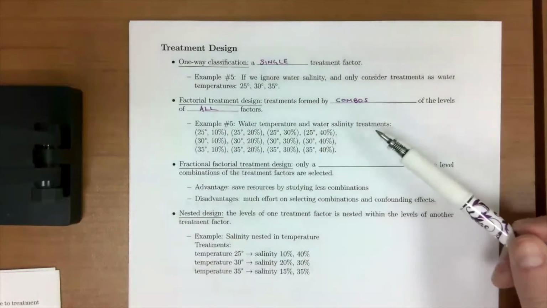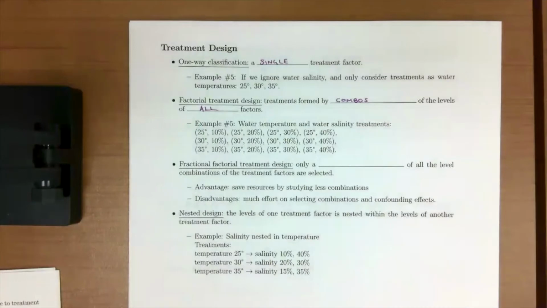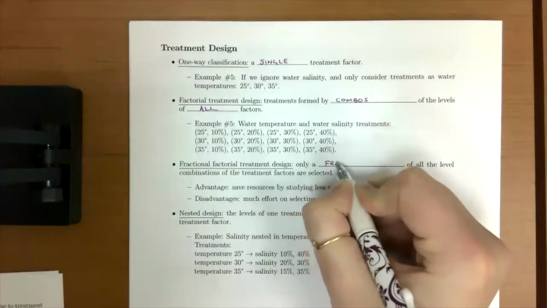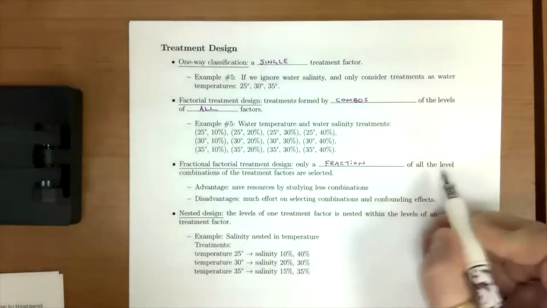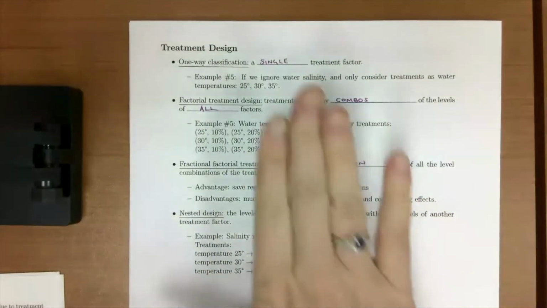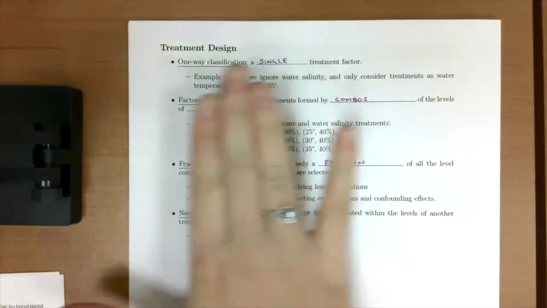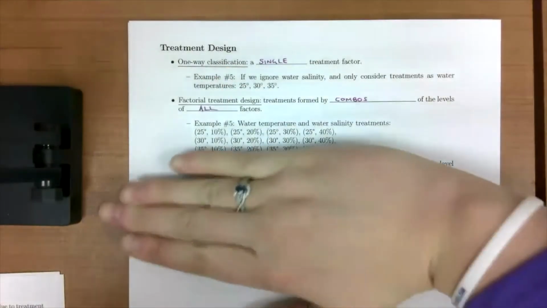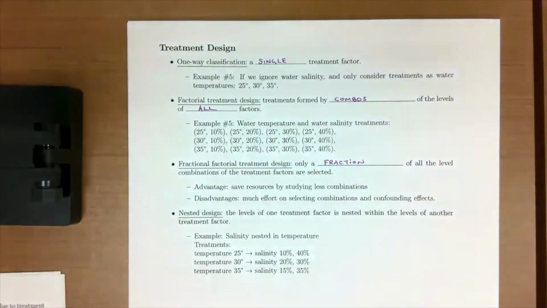And so some people might opt towards a fractional factorial design, which only a fraction of all the level combinations are selected. So maybe you only do this side, or you only do that side, or you only pick those top 4. And so the advantage is you can save resources by studying fewer combinations.